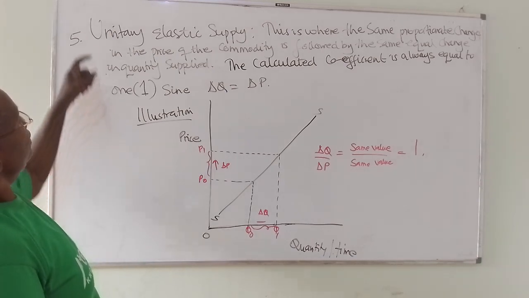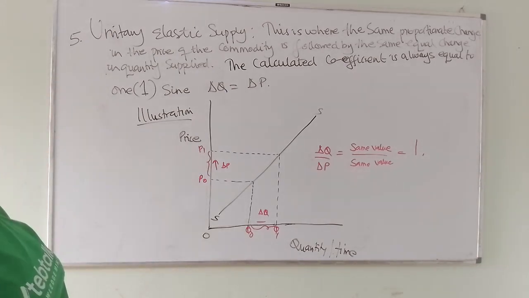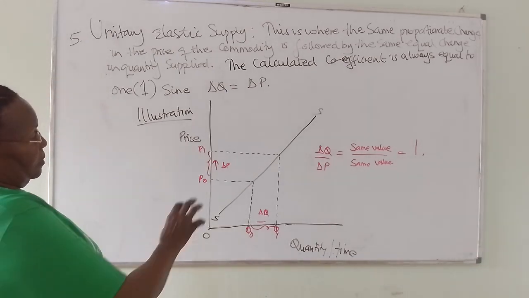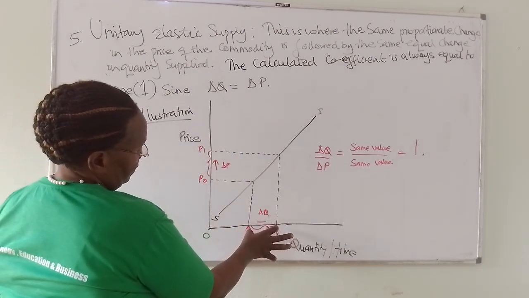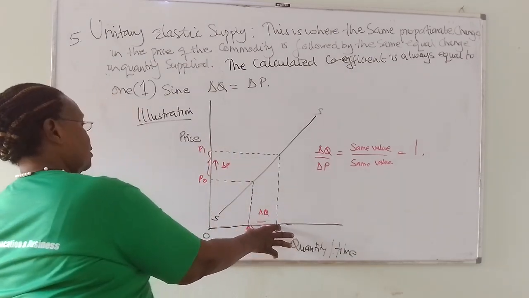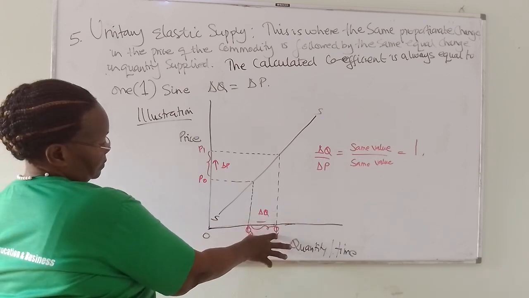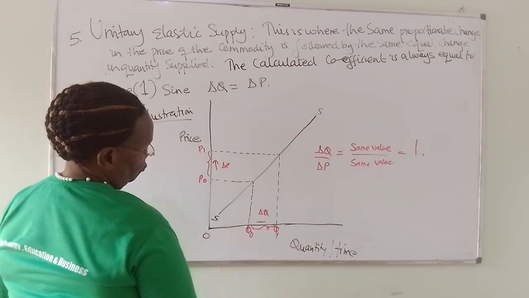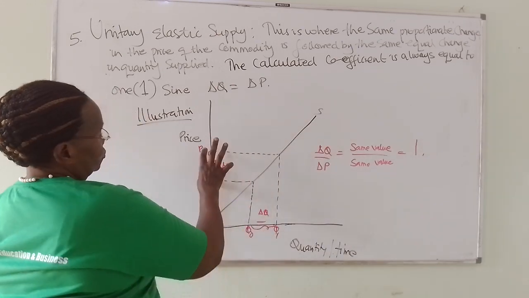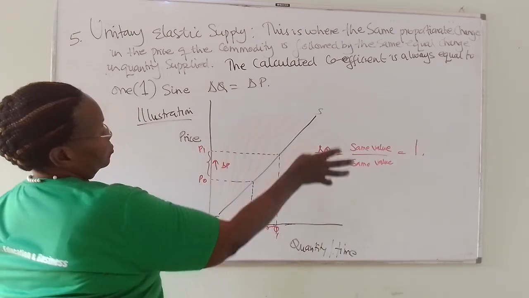So that's when our elasticity is unitary. Introduce a change in price followed by exactly the same increase in quantity. If this is 2, this is also 2; 2 divided by 2, you get 1. If this is 10, this is also 10; 10 divided by 10, you get 1.